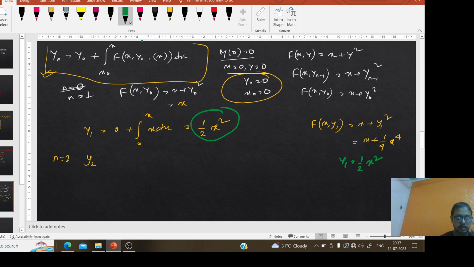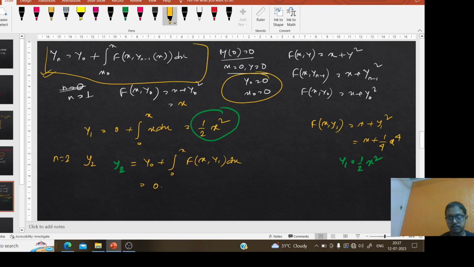So now here y2 is equal to y0 plus the integral from 0 to x of f of x comma y1 dx.